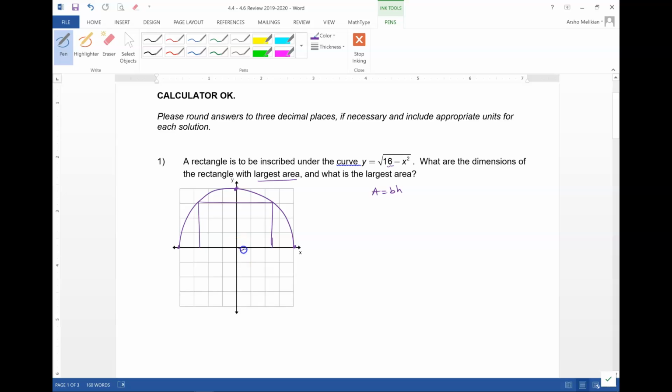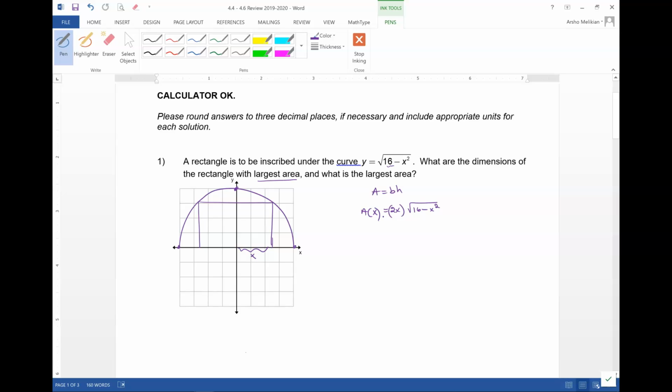In here, this is x, so the entire base is 2x. And then the height is y, which in this case is the square root of 16 minus x squared. So that is A of x.